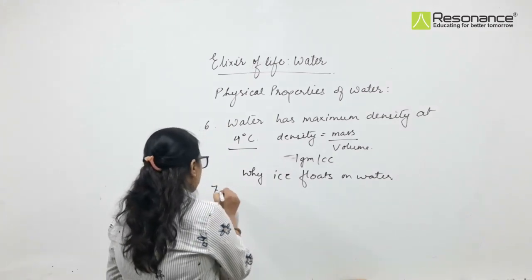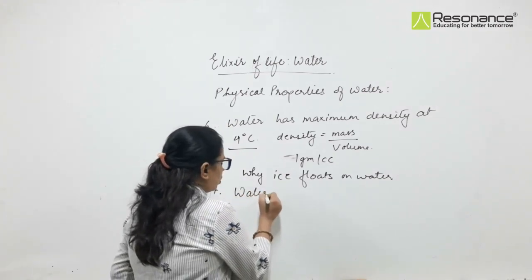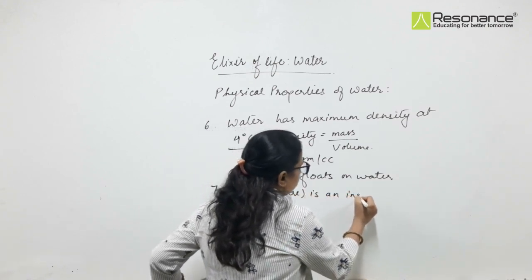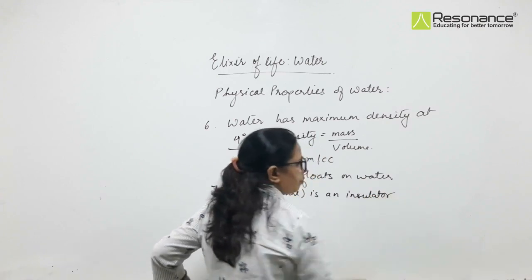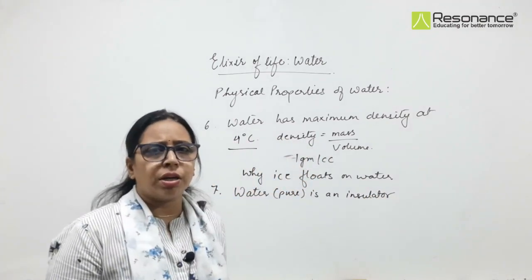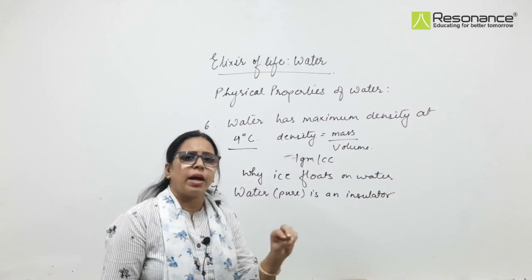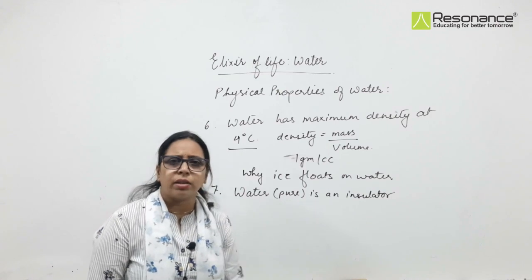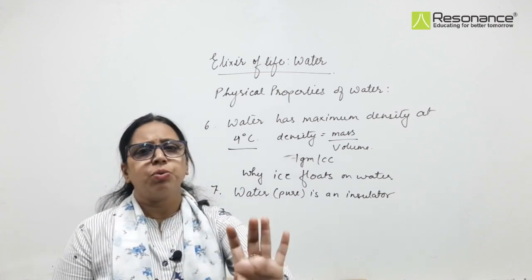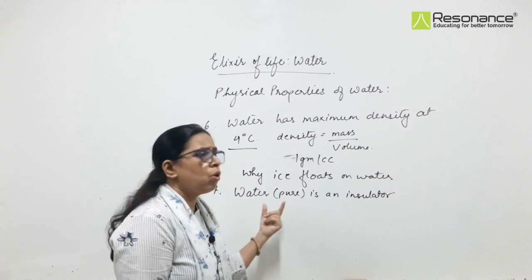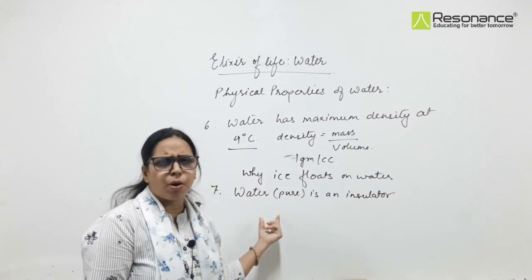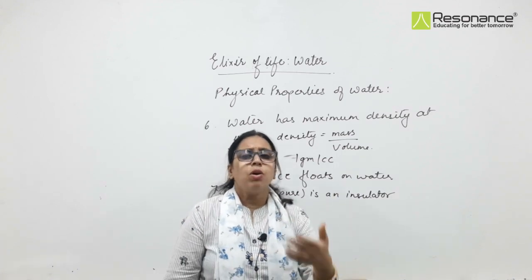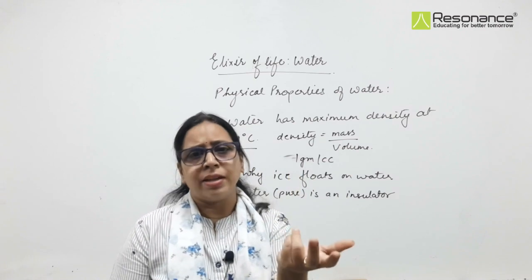And one last property is water, pure water की बात करें, pure water is an insulator, it does not conduct electricity. प्योर वाटर, डिस्टिल्ड वाटर की अगर आप बात कर रहे हो तो वो कभी भी करंट कैरी नहीं करेगा, वो इंसुलेटर की तरह एक्ट करेगा, उसमें कंडक्टिविटी नहीं होगी. क्यों नहीं होगी? बिकॉज देर आर नो फ्री आयंस प्रेजेंट, दिस इज अ कंपाउंड एंड देर आर ओनली मॉलिक्यूल्स ऑफ H2O, no charge carrying ions are present.